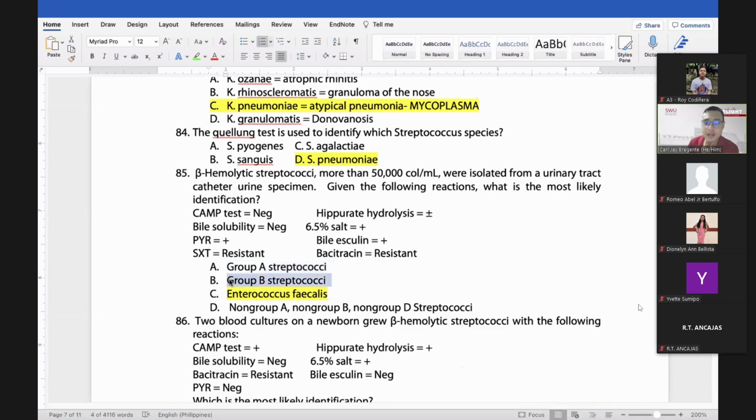Group B is positive for hippurate hydrolysis, so that is wrong. What remains is C or D. In order to differentiate the two, you can use bile esculin and 6.5% salt. Enterococcus group will be positive for 6.5% salt and bile esculin, while the non-group A, non-group B, and non-group D streptococci are negative for both tests.